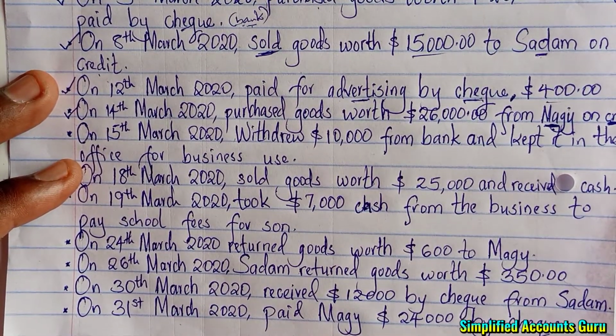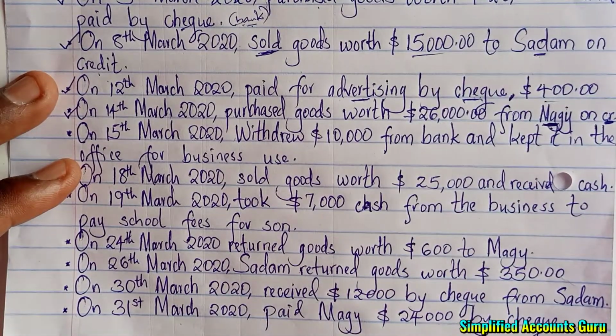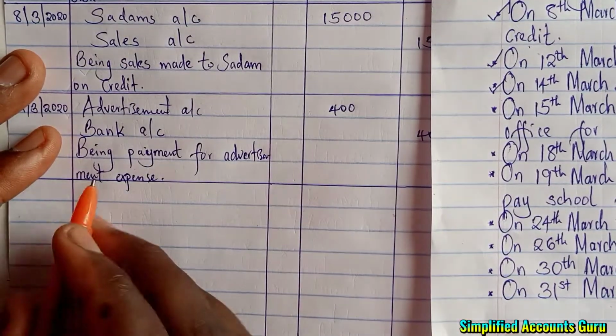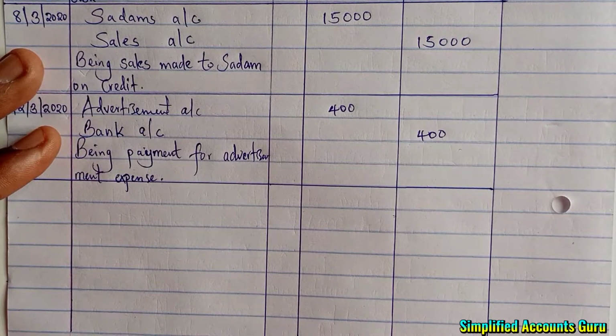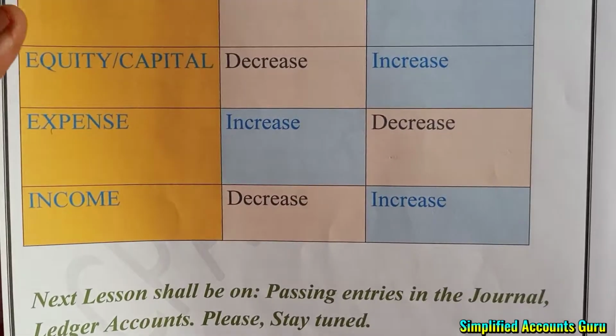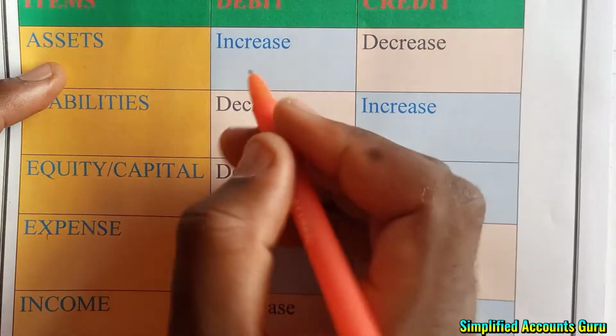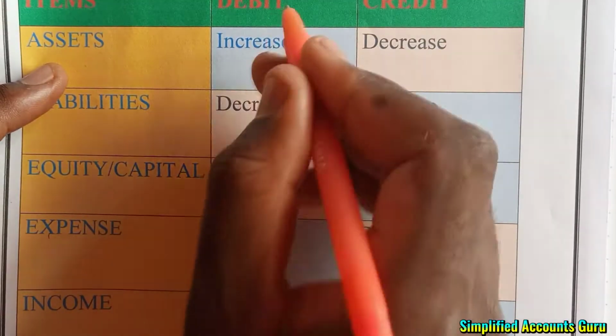It is a current liability which is expected to be settled within a period not more than 12 months. This person called Maggie is our creditor. A creditor is the person to whom money is owed. We have purchases being increased because we are receiving more goods, however much on credit, but we are receiving goods, so an increase in the asset is debited.